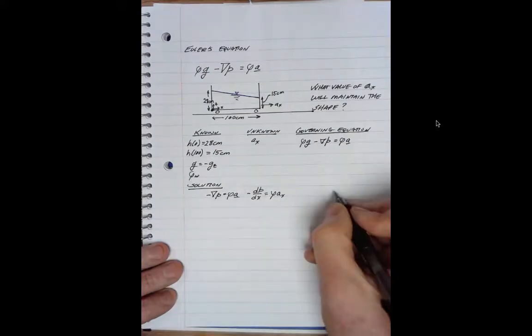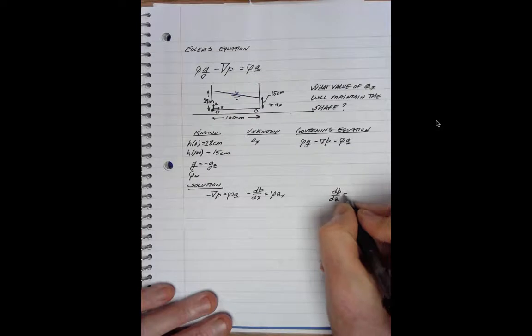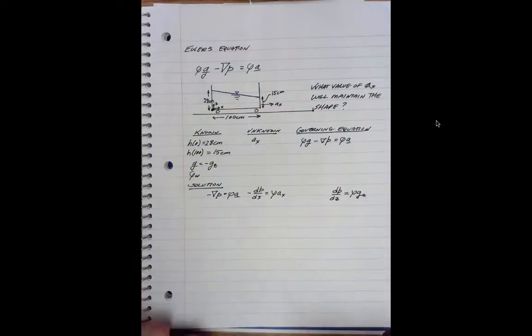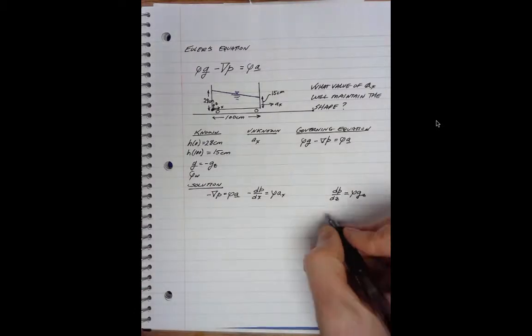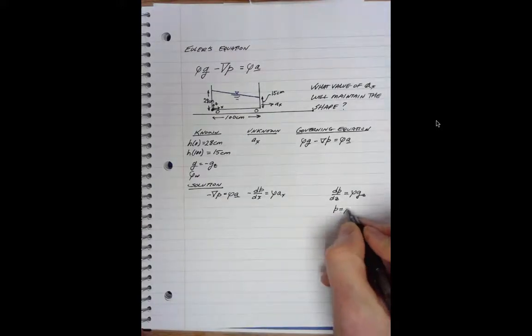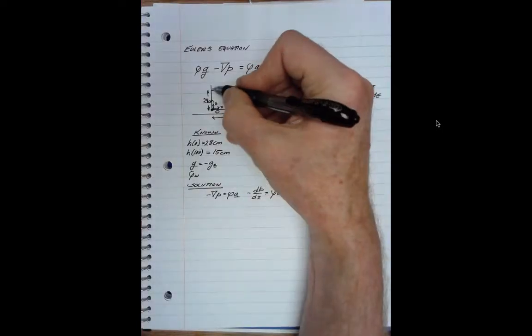And in the z direction, we'll have dp dz equals rho g. The minus takes care of that issue. And in fact, we can directly integrate this to come up with p equals rho g sub z times h at any place, because we're integrating up to the top of the water.